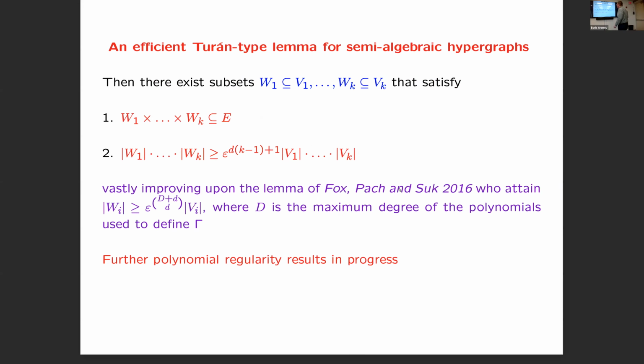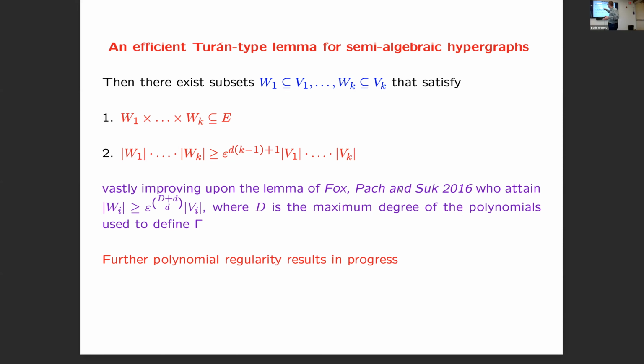And under such circumstances, we can find a very large complete k-partite hypergraph within such a k-partite epsilon-dense hypergraph.